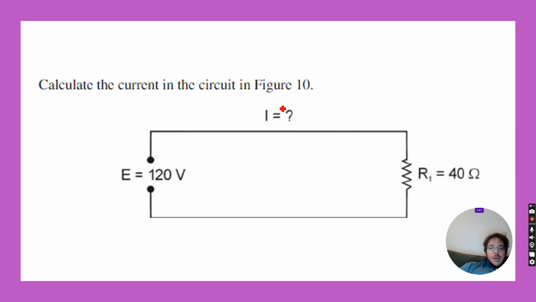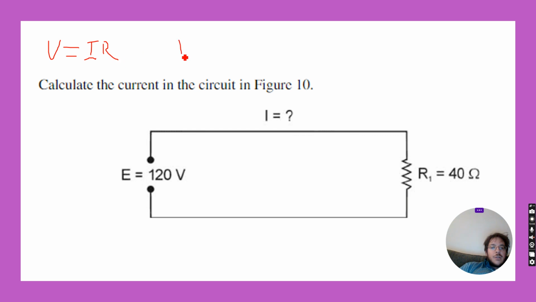So we want to know the current in this figure. We've got 120 volts, and we've got one load of 40 ohms. So what's the current? Remember, V equals IR.